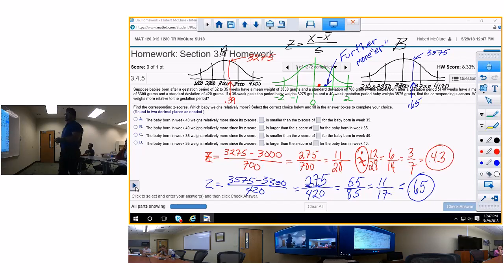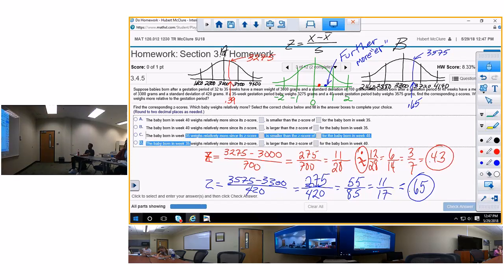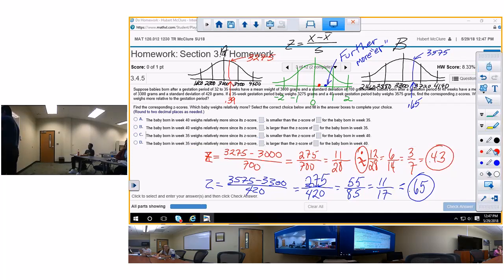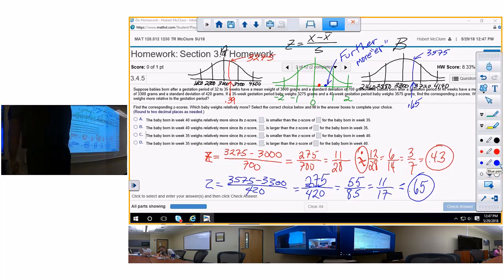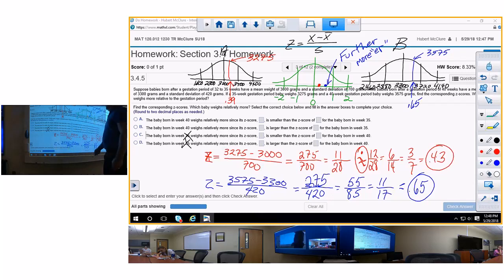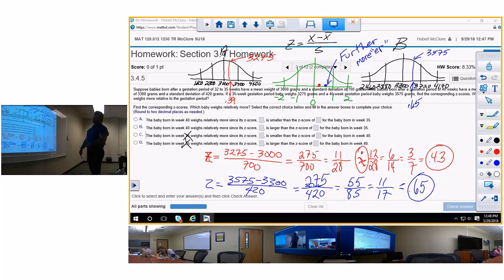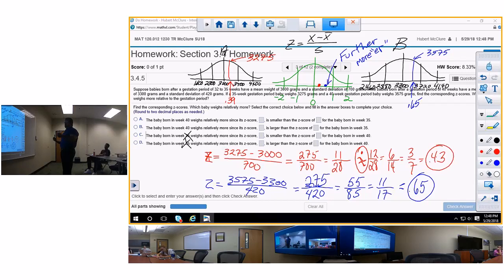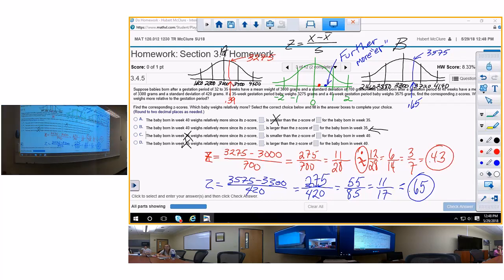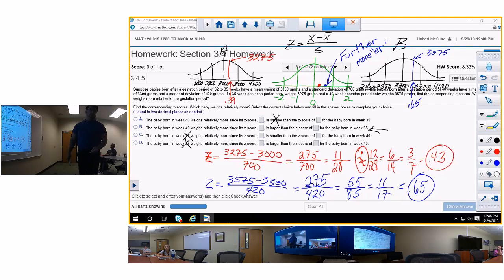All right, so it's not going to be this one, because the 40 weighs relatively more. Since this z-score is smaller than the z-score, it's going to be larger. So I think it's going to be this one right here, because the blue one is not smaller. So it's got to be B, and then you plug the answers in.